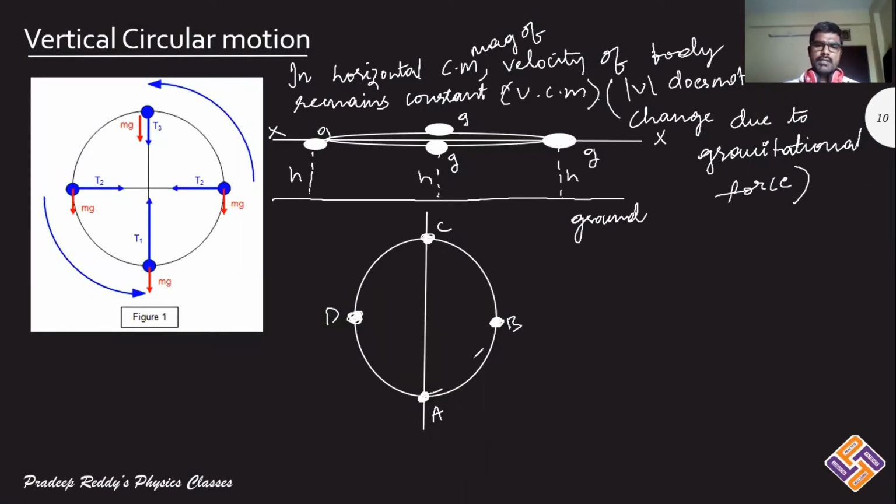When the mass is going in the upward direction, what would happen to acceleration due to gravity? Acceleration due to gravity is in the downward direction, but the velocity of the particle is in the upward direction. So in this case, what would happen? Velocity of the mass is opposite to acceleration due to gravity.